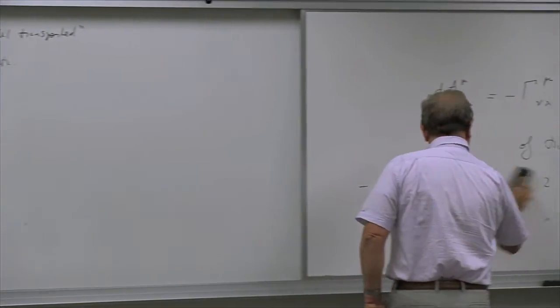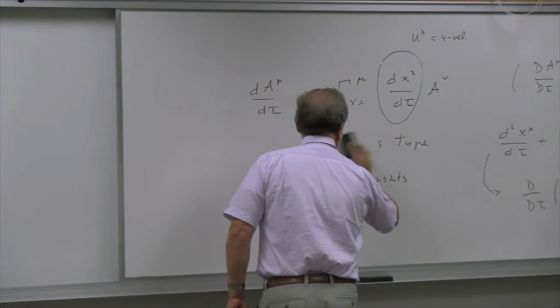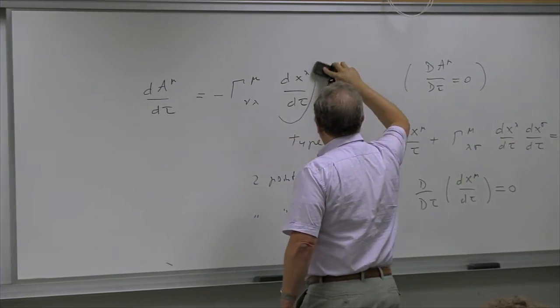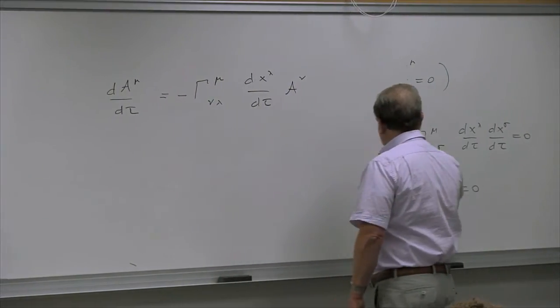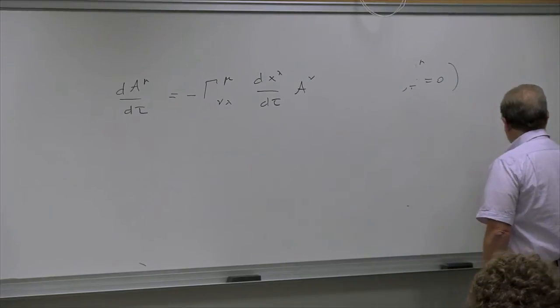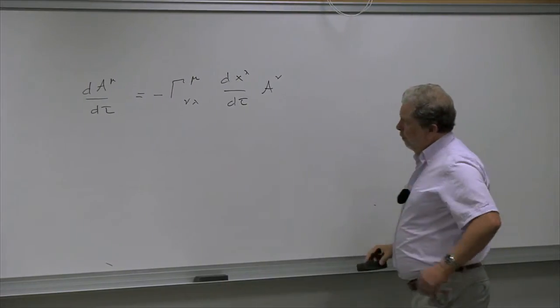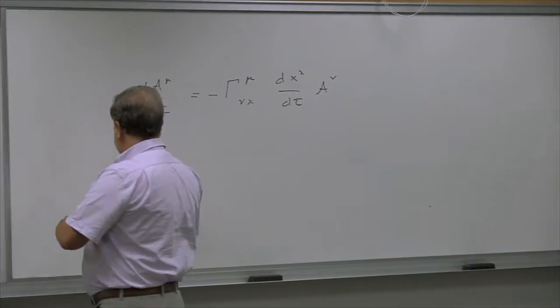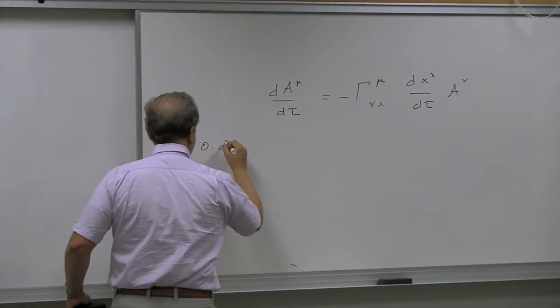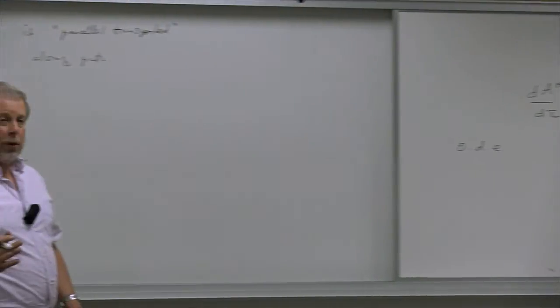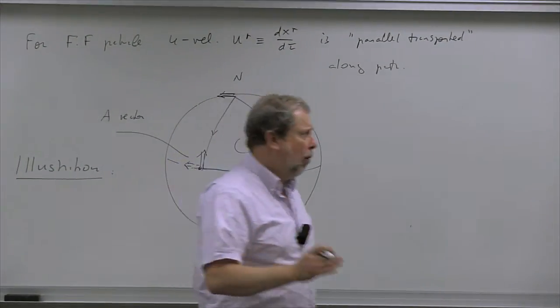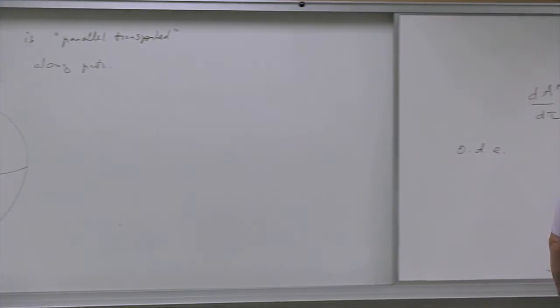So if we look at an equation like this, the equation for parallel transport, which involves this forward velocity, then this can be regarded as an ordinary differential equation, which tells us how the vector is going to change as we go along this path.